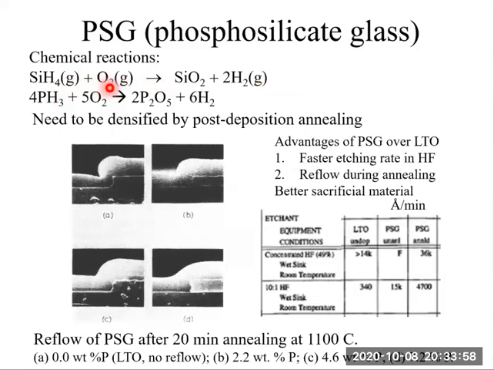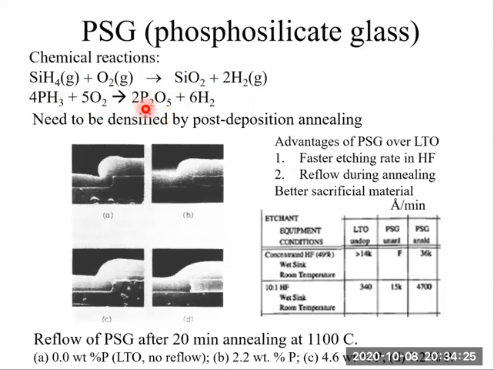Silane reacts with oxygen, which gives us silicon dioxide. The second one, phosphine, reacts with oxygen, leading to P2O5. It's called phosphorus pentoxide. Okay, we have 5 here, so it's pentoxide.